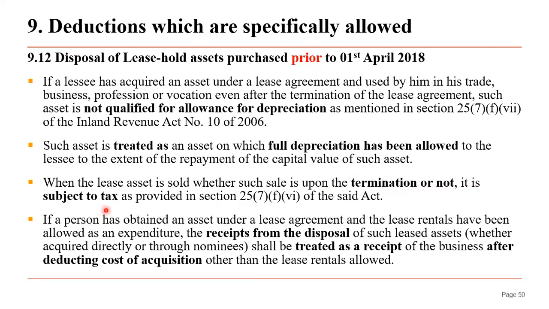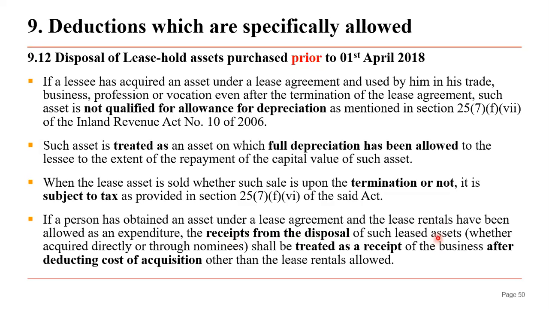We need to calculate the disposal profit. How we determine the disposal profit is, under bullet point 4, if a person has obtained a lease asset under lease agreement and the lease rentals have been allowed as expenditure, because we are calculating lease rental one-fifth or one-fourth, right?